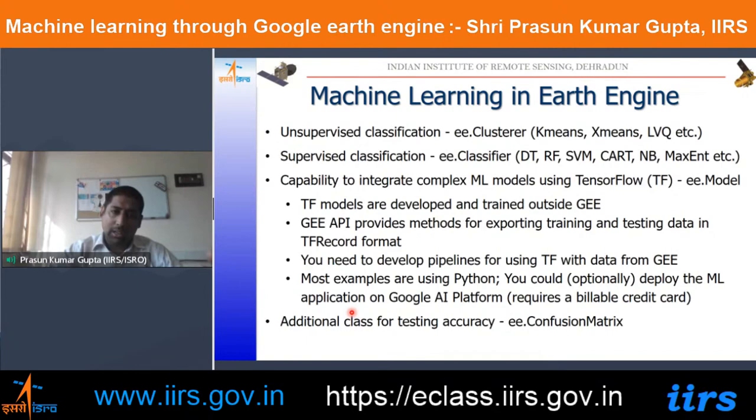So Google Cloud allows you to directly fetch the data from Earth Engine, apply it on TensorFlow on their platform, and get the outputs quickly. But that requires money. So till this part, that is working with JavaScript and getting it on your computer, is all free.